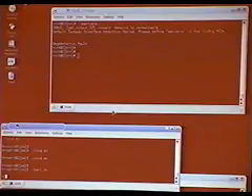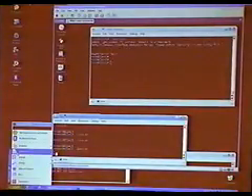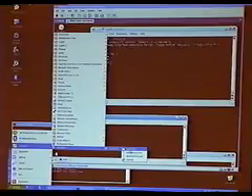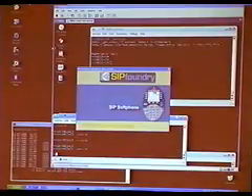Finally, let's have the second user agent.